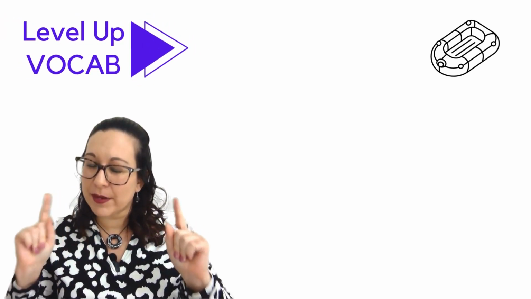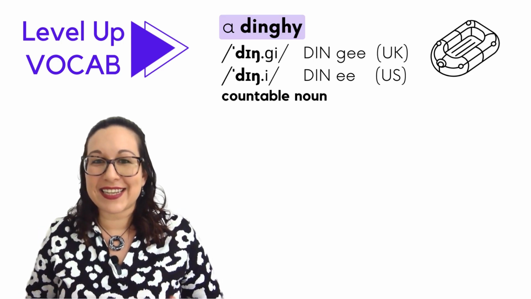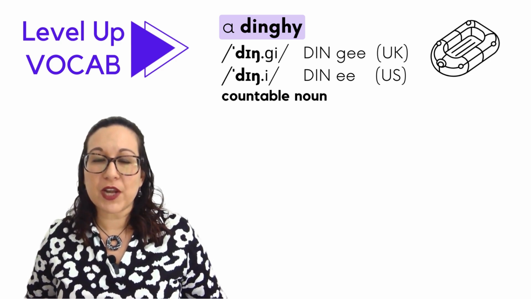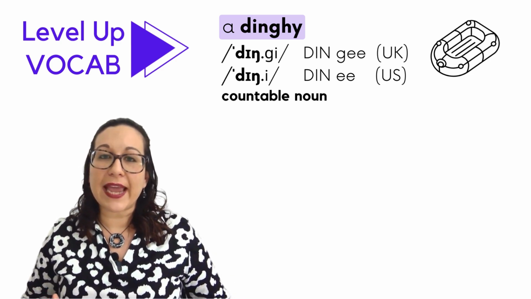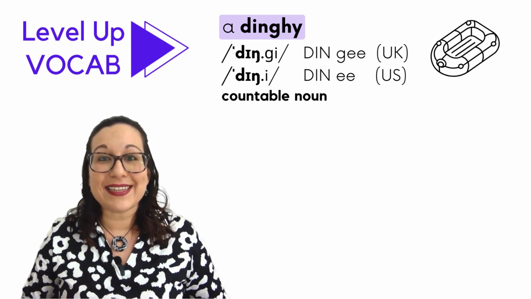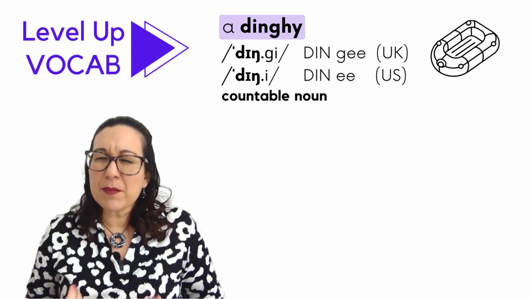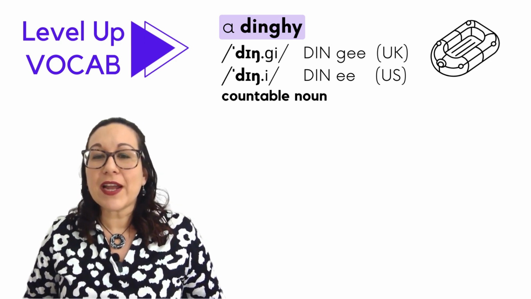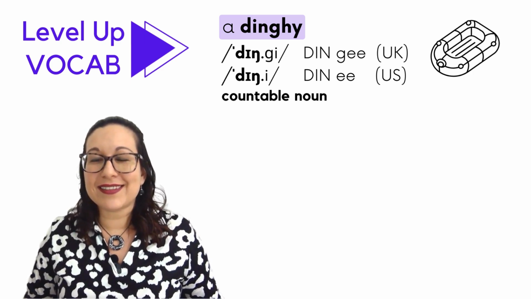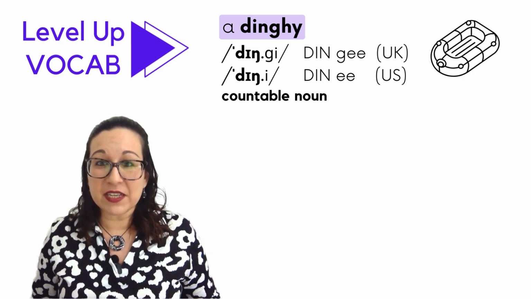So we've described this boat as being inflatable, which is great, but it's time to level up vocabulary and use a very specific term. And this is the term dinghy. There are a couple of different pronunciations for this. In the UK, a lot of people say dinghy. I'm more American with this word, and I tend to say dinghy. And what is a dinghy?